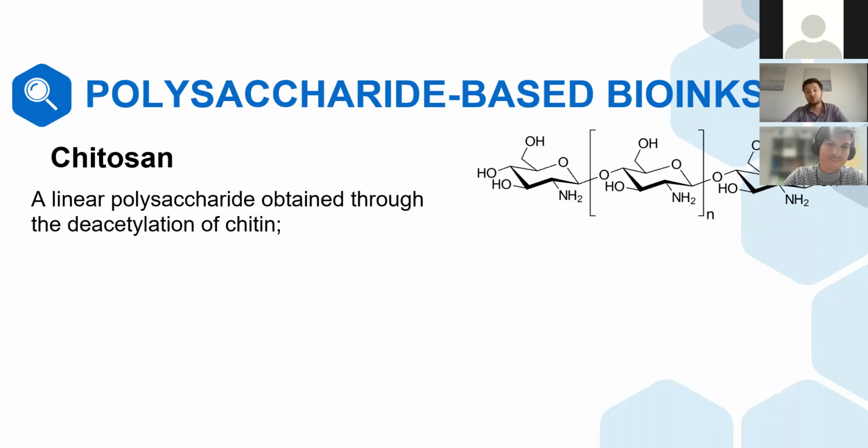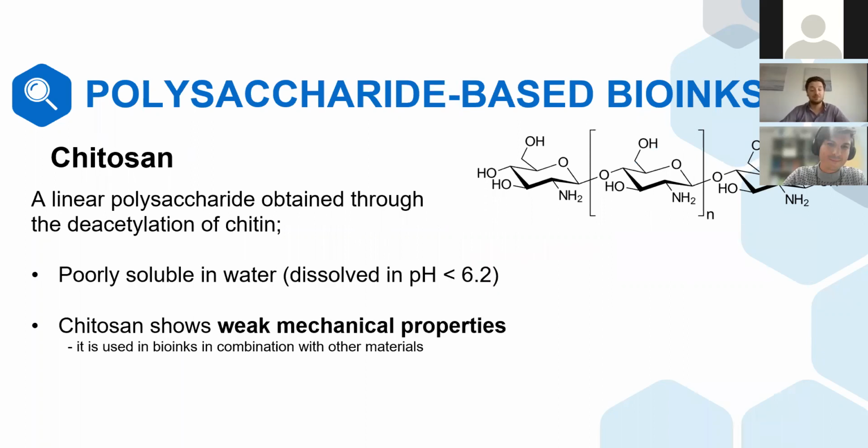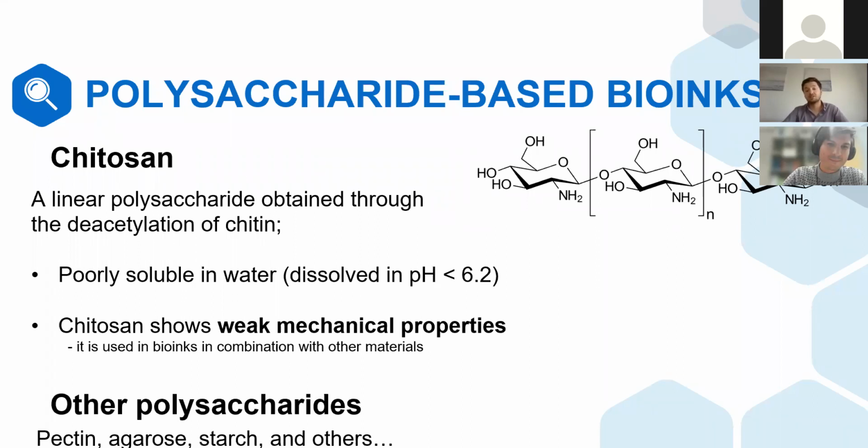And I wanted to talk to you a bit about chitosan too. It is a linear polysaccharide obtained through the deacetylation of chitin. I don't want to delve too deep. It is poorly soluble in water, but it may be dissolved at pH below 6.2. And chitosan often shows weak mechanical properties. And so, as I've been repeating for a long time, it may be used with other materials in order to enhance its properties.